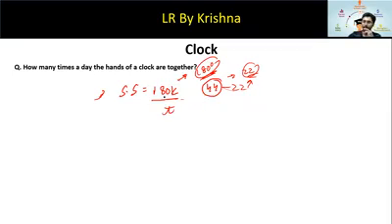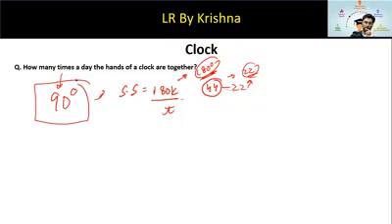Okay, Ayush. Next, tell me how many times a day the hands of a clock are making an angle of 90 degrees. That is, they are at a right angle. How many times a day are the hands of a clock at a right angle?